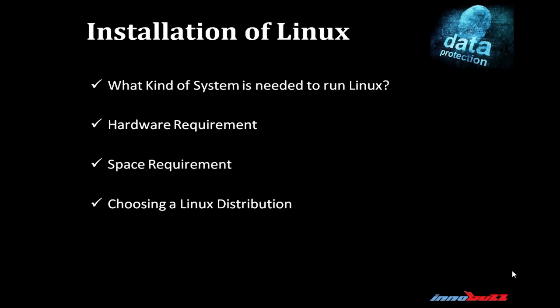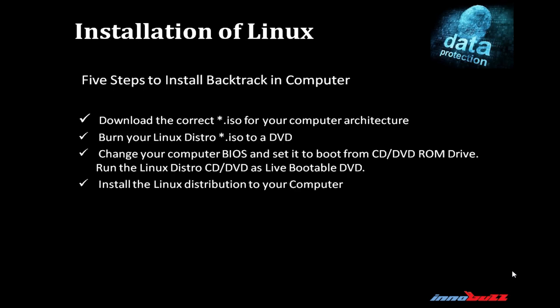For installation of Linux, you have to cross-check some of the important points, such as what kind of system is needed to run Linux, hardware requirement and space requirement. Now let's check how to install Backtrack, a Linux-based operating system.